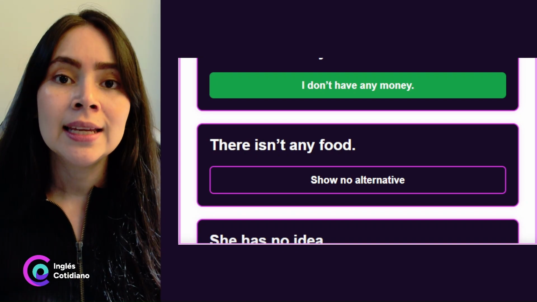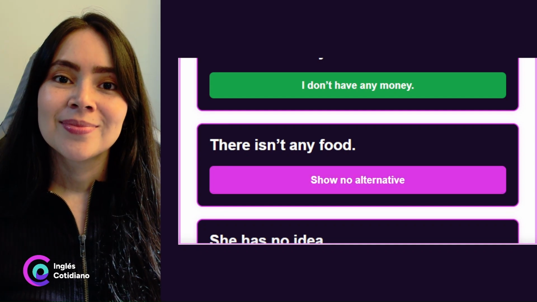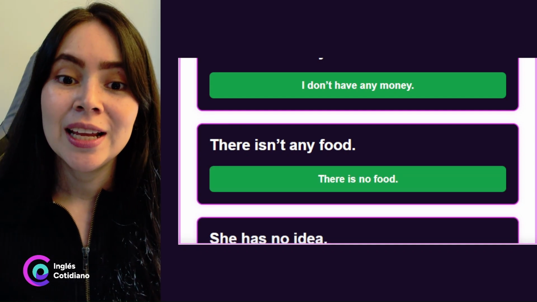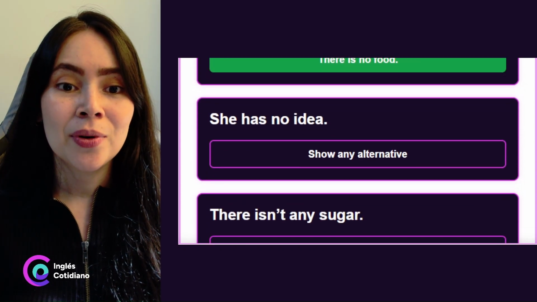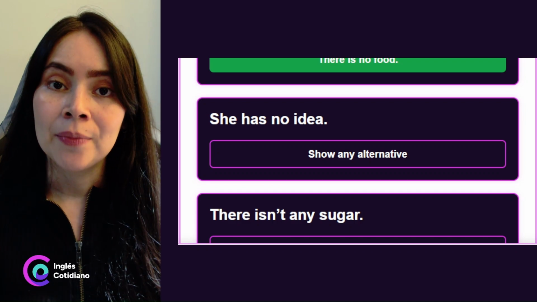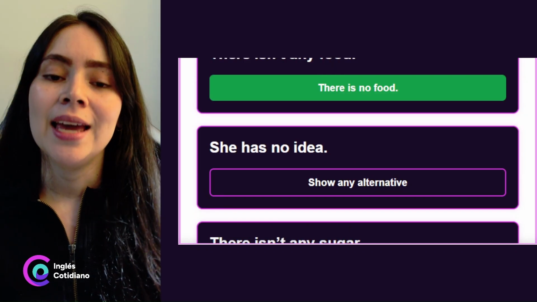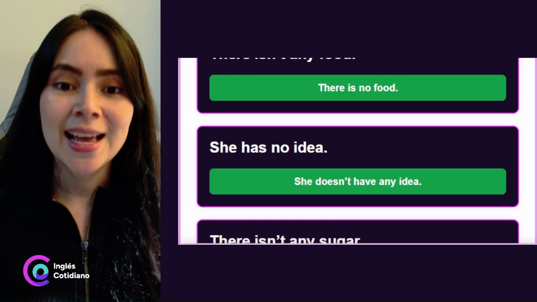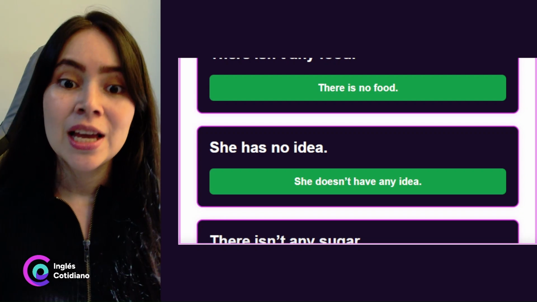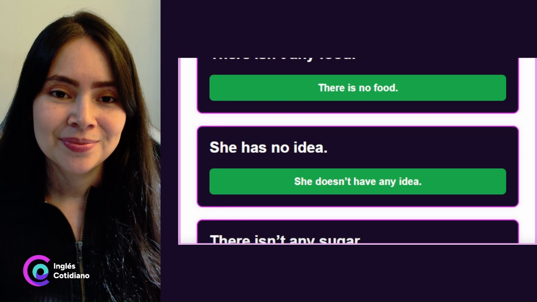There is no food. The next example is she has no idea. We can say this using any in this way: she doesn't have any idea.